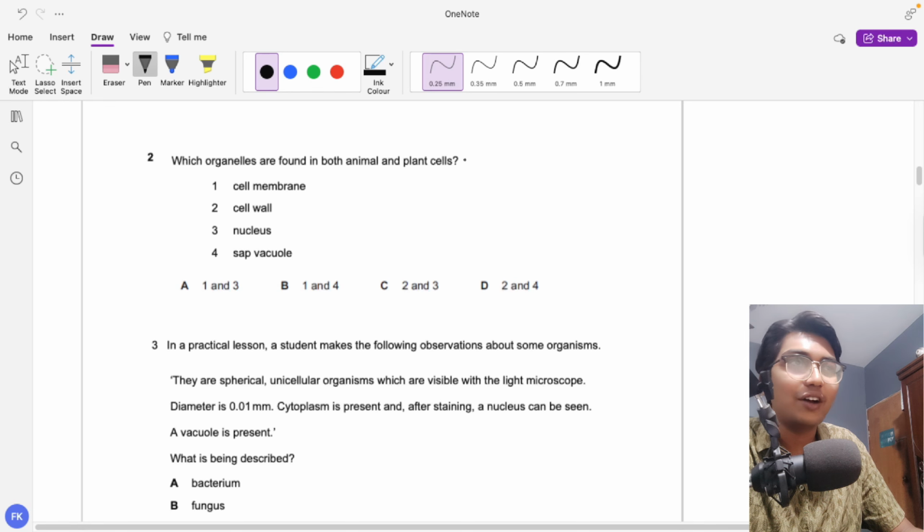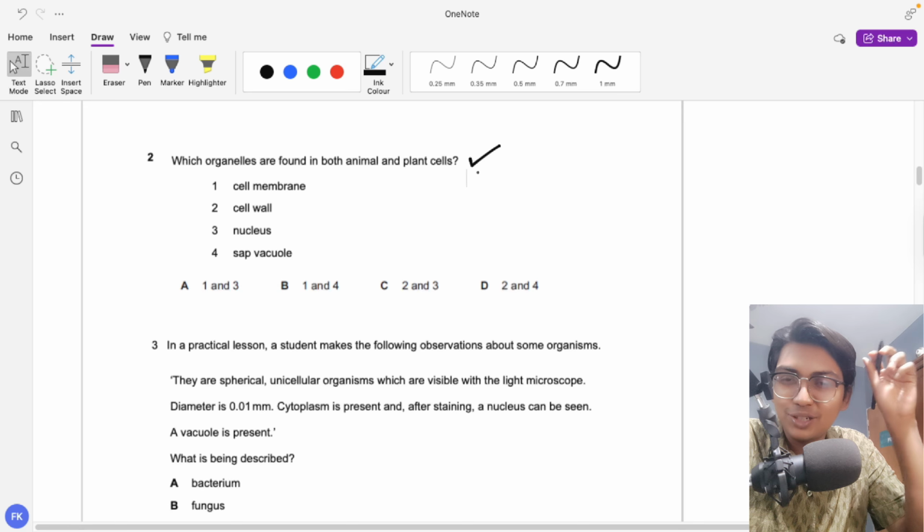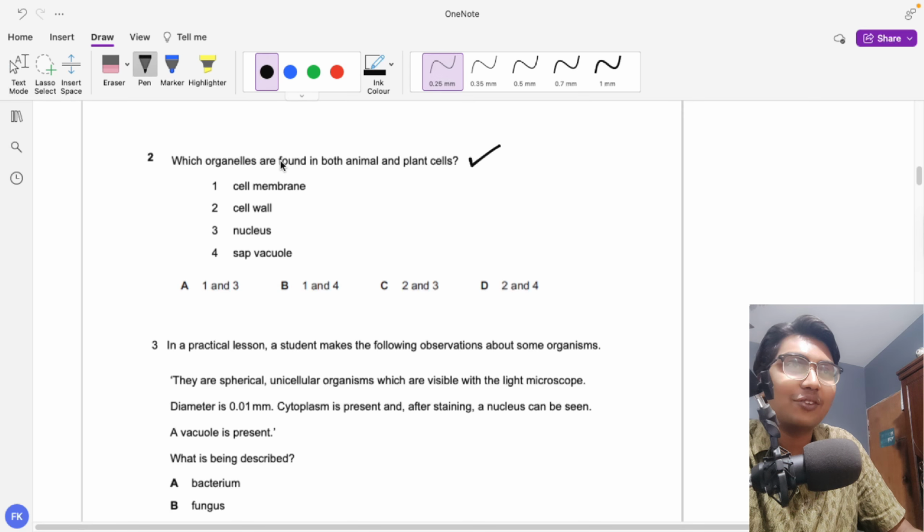Which organelles are found in both plant and animal cells, right? You should know about this. What should be your correct answer? Let's see the options we have here: cell membrane, cell wall, nucleus, sap vacuole.